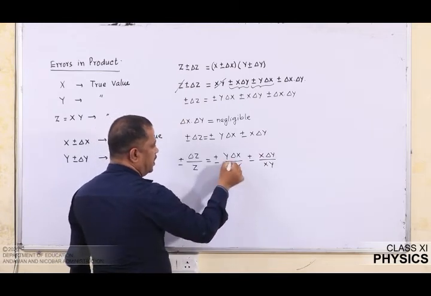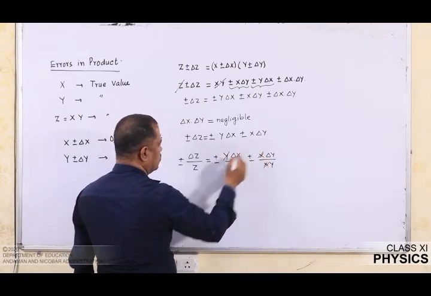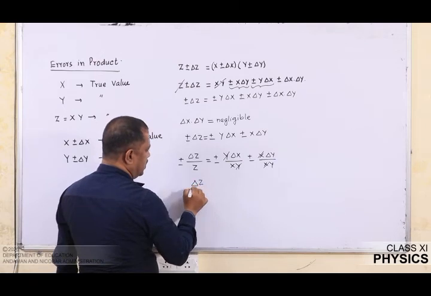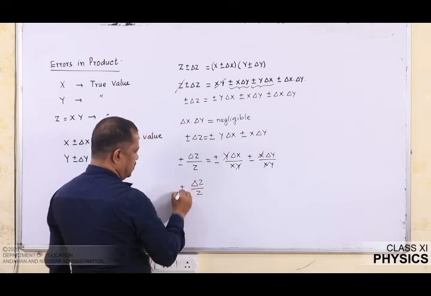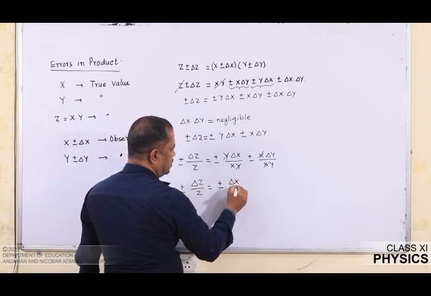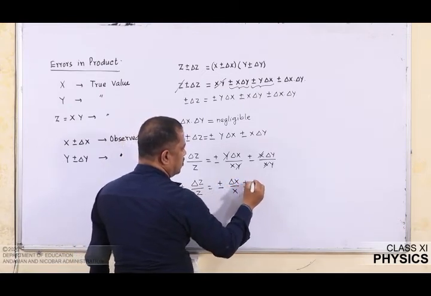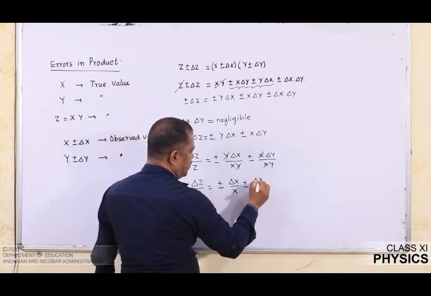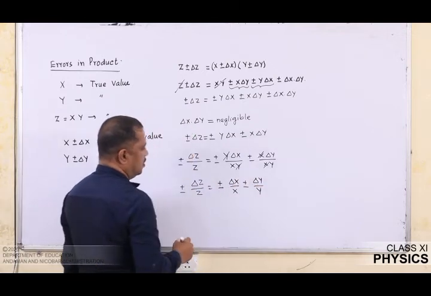Now, y and y go off, x and x go off, and I have delta z by z equal to plus or minus delta x over x plus or minus delta y over y.